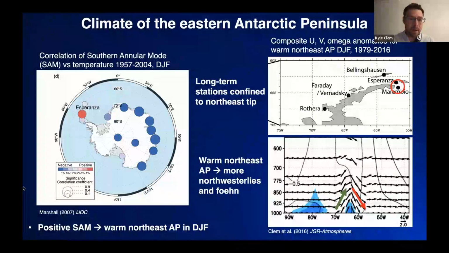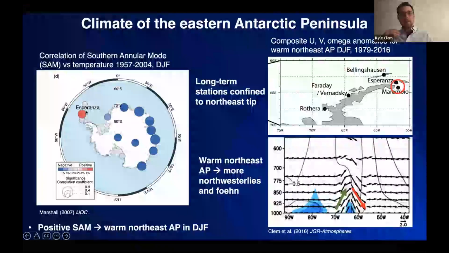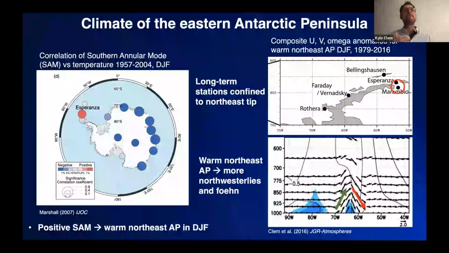And so while positive phases of the SAM lead to strengthened westerlies that generally lead to cooling around Antarctica, on the peninsula, because of this foehn effect, when you strengthen the westerlies traversing it, it actually leads to warming on the eastern side. And so we've generally thought that the collapse of ice shelves on the eastern Antarctic Peninsula may be tied to a strengthening of the westerlies associated with the positive trend in the SAM.